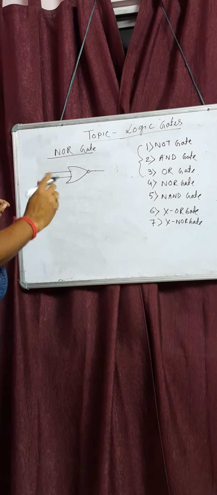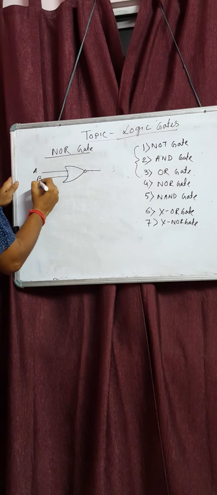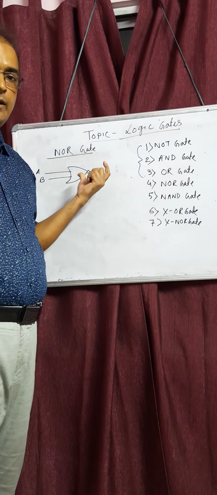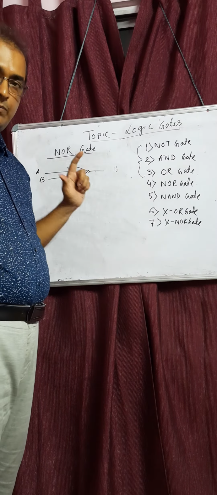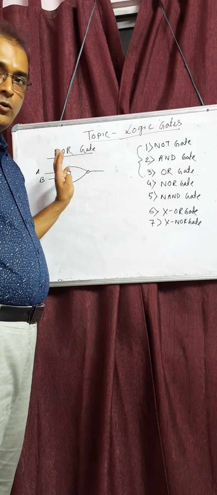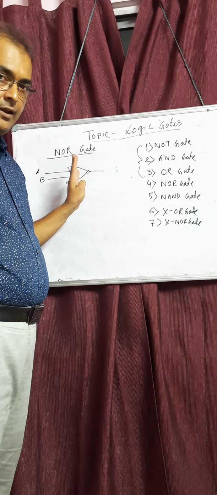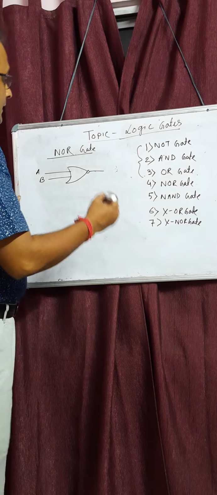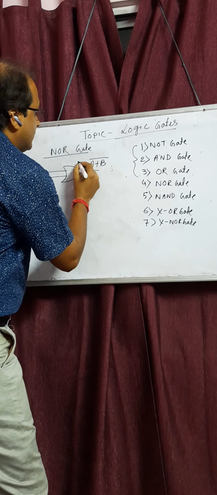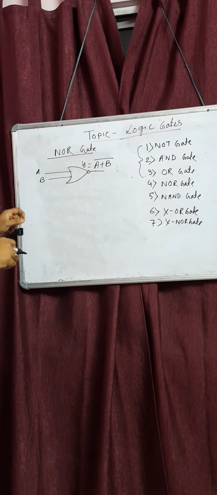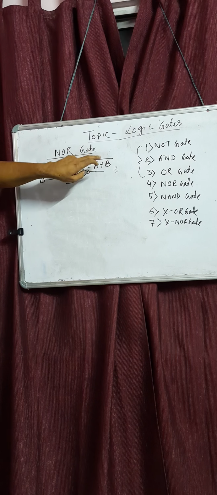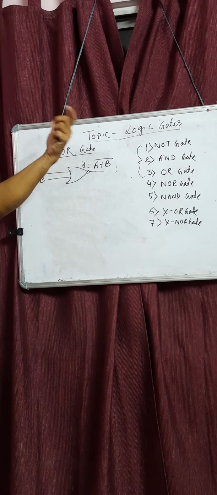Two inputs are there, A, B. First that gives the operation of your OR gate, A plus B, and again we are applying one NOT gate. That means OR gate plus NOT gate gives the NOR gate output, A plus B its complement. Y is equal to A plus B its complement. This portion A plus B is your OR gate operation, and the complement is your NOT gate operation.